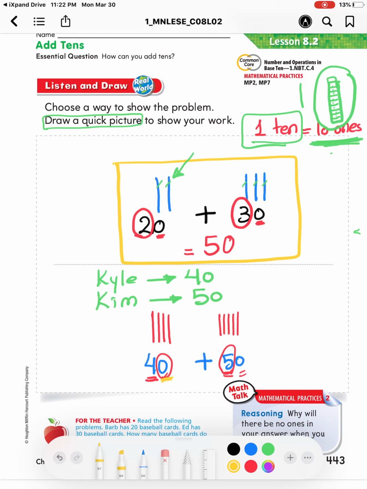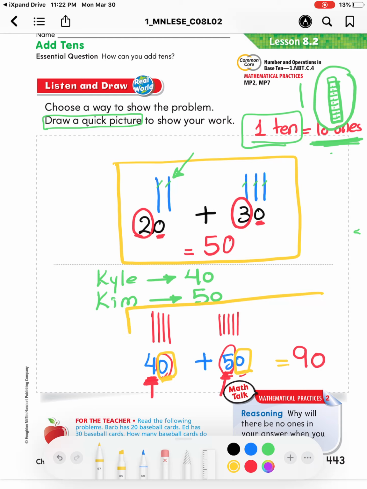As long as we have 0 ones in both numbers, we can only add the tens. And we have here 4 tens, and we have here 5 tens. So 4 tens plus 5 tens equals 9 tens, which means 90 baseball cards.